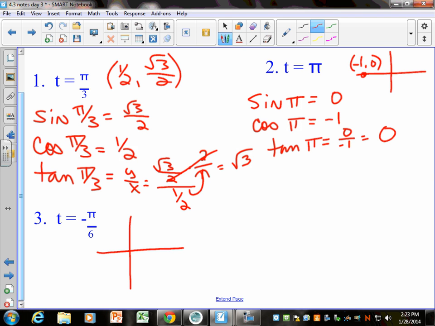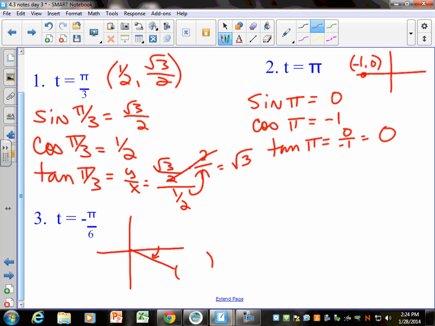Negative angles, you go the opposite way, right? So you have two ways of thinking about this. If you want to think about it in terms of the unit circle, if I just go down, -pi/6 is a mirror of +pi/6. Could you tell me the ordered pair that goes with that value there? You can look at the picture. I don't expect you to have memorized it yet. But this negative goes the opposite way.